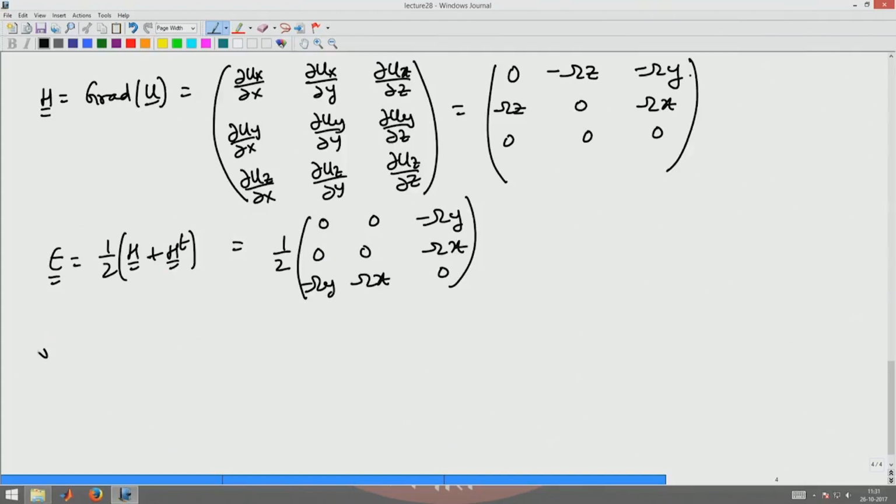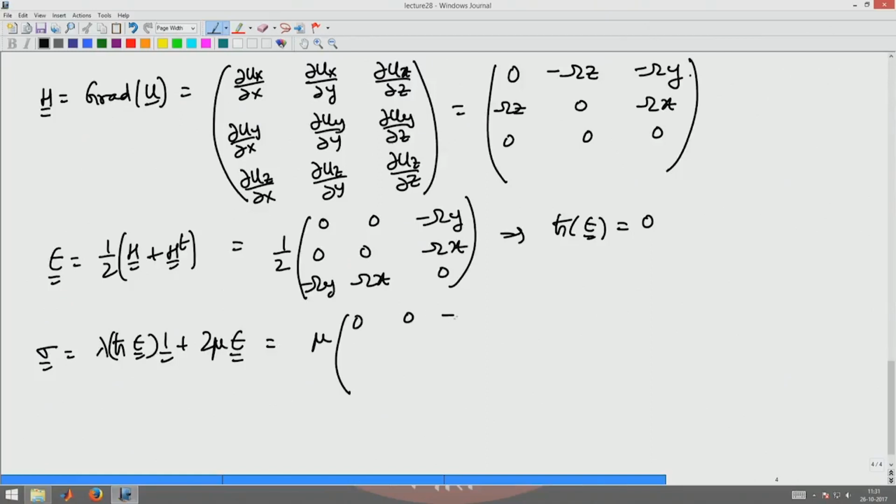So my stress expression is given by lambda trace epsilon identity plus 2 mu epsilon, and I find from here that trace of epsilon is 0, and hence this becomes mu times 0, 0, minus omega y, 0, 0, omega x, minus omega y, omega x, 0.